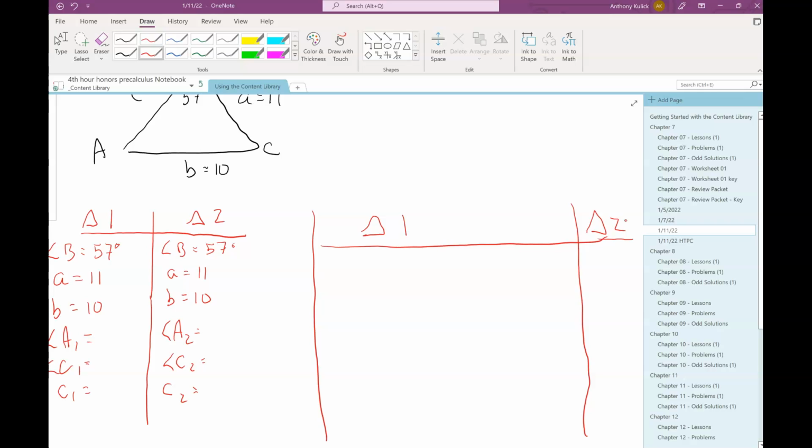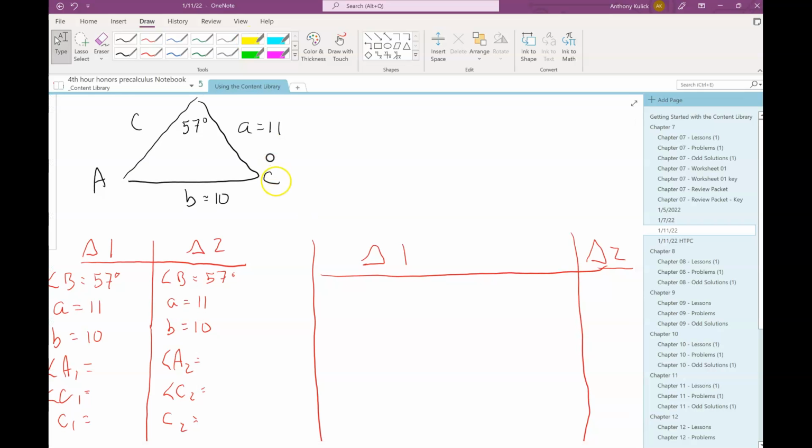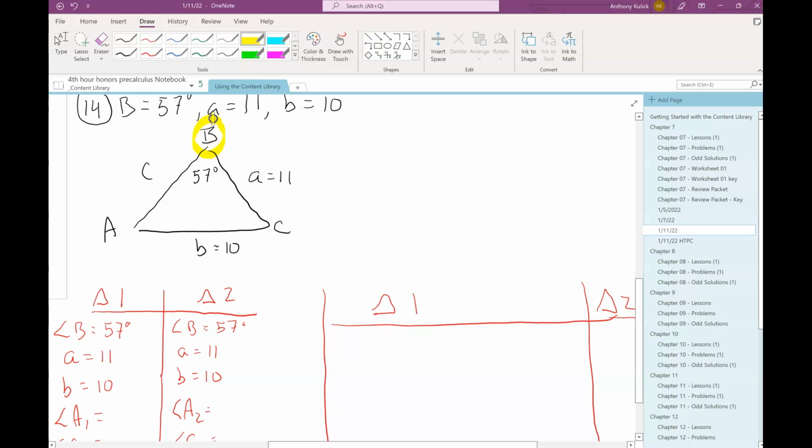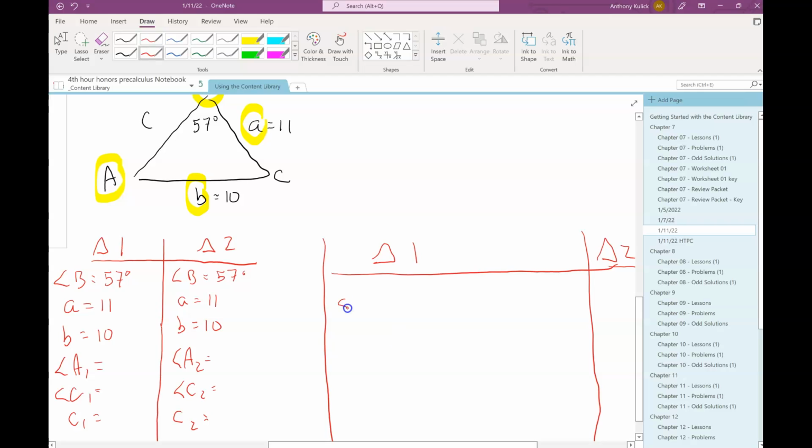So starting with triangle 1, I'm going to just solve this like a normal law of sines problem. So I notice that I have one pair of angle and opposite side given to me. And then I have one other situation where I know one of the two. So that's what I'm going to use to set up my law of sines.